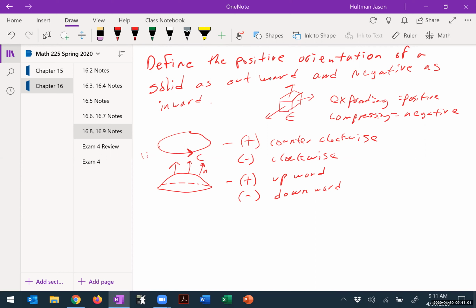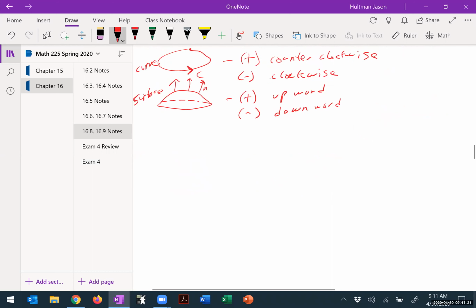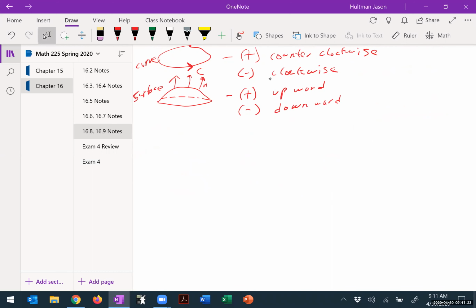So we have this curve, and then the surface, and then we have this solid. We went from one dimension to two dimensions, and now we're going to step it up a notch to three dimensions. So let's define the divergence theorem.